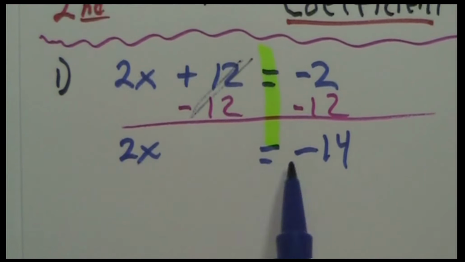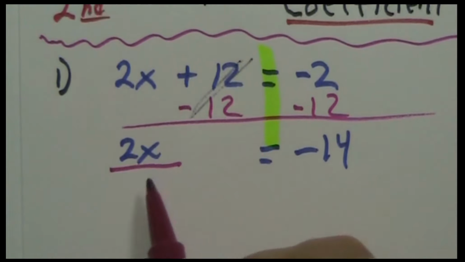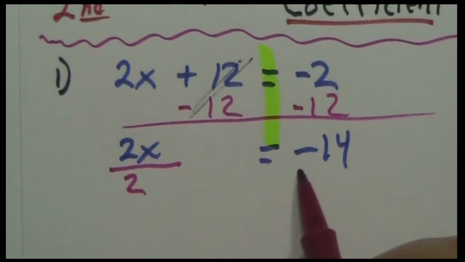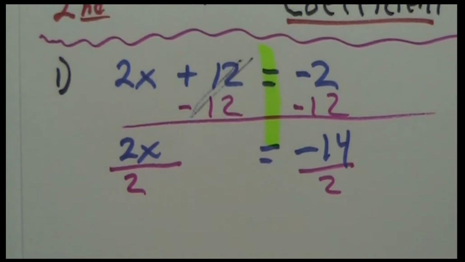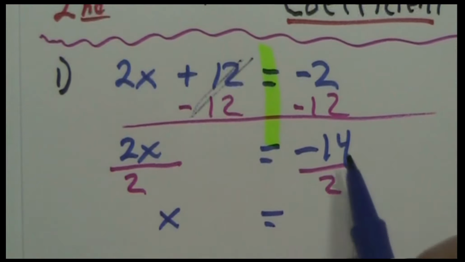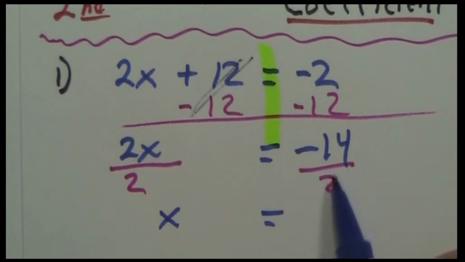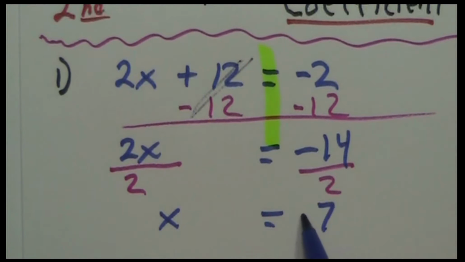Now you might be able to look at it and tell the answer, and that's fine if you can. But if you don't, we want to do the opposite. We want to divide. That's going to leave us with just the letter x. And then 2 goes into 14 7 times, with 1 negative, so x is -7.